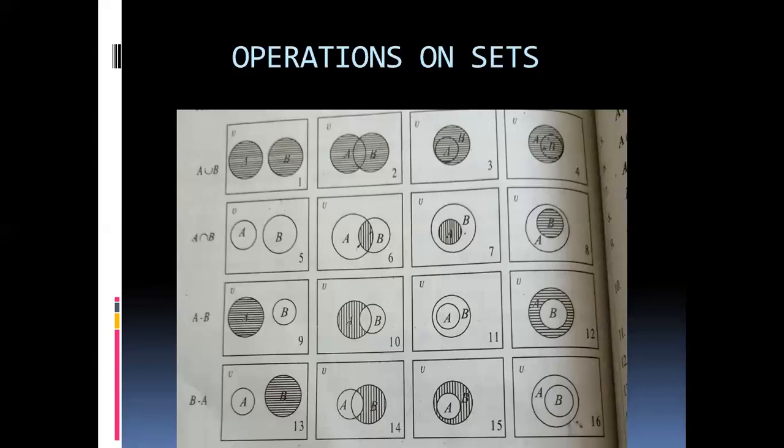Our exercise 1.3 is related to Venn diagrams, the whole exercise. So inshallah, after the vacations, when you come back to school, I will give you the notes of this exercise 1.3, because maybe it will be a little bit difficult for you to draw the diagrams.